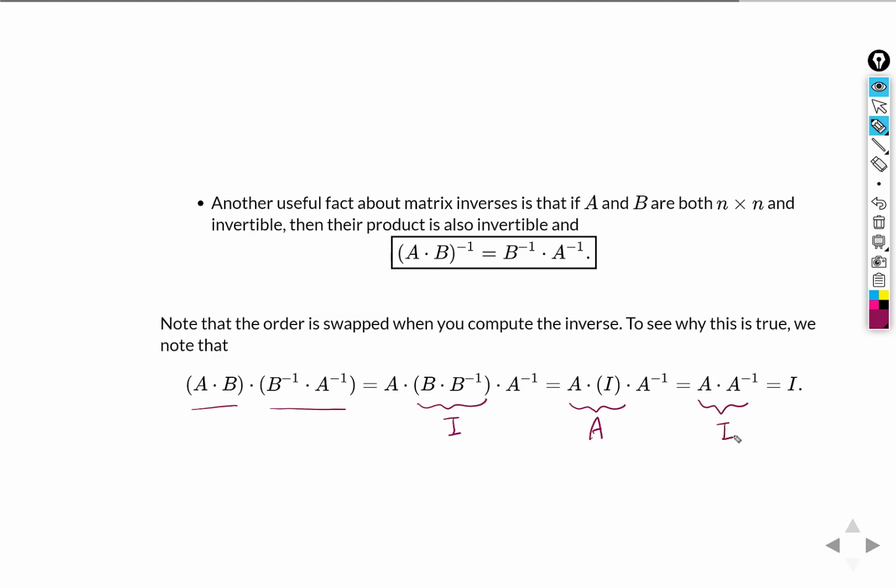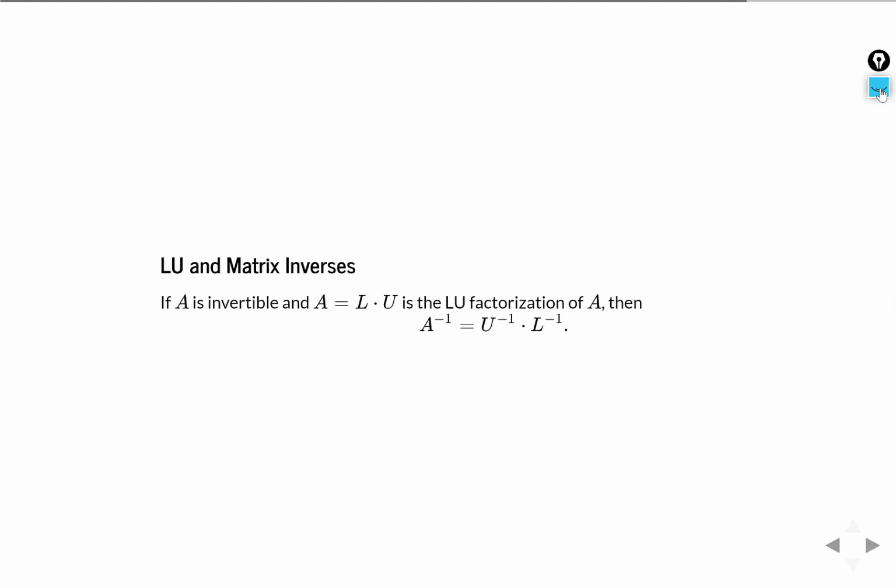Therefore, we prove that the inverse of A times B is B inverse times A inverse. If A is invertible and we have its factorization as L times U, A inverse therefore will give us U inverse times L inverse.